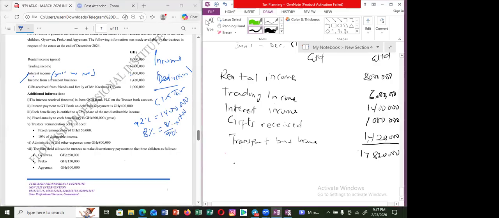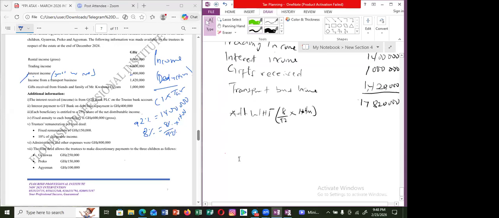So let's add our withholding tax to it, which is 8 over 92 times 1.4 million. Whenever I do ratio questions, I always say it's not tax, it is math. So 121,739.1. Okay.